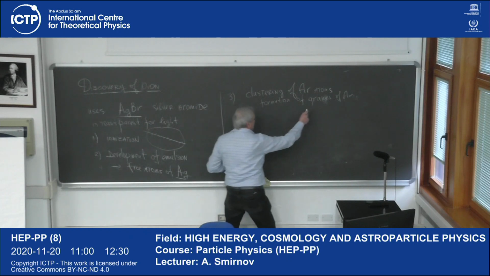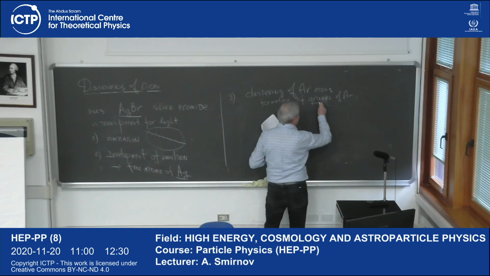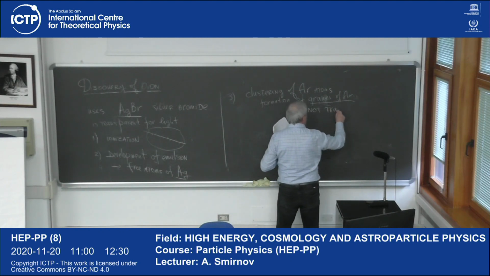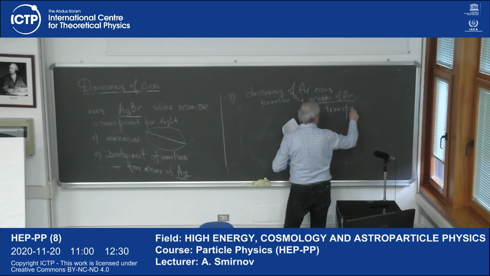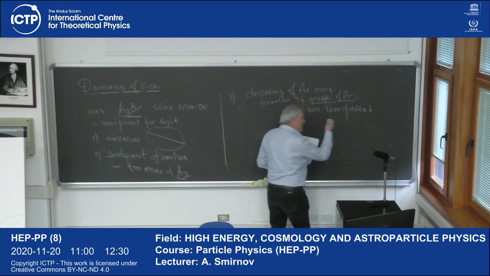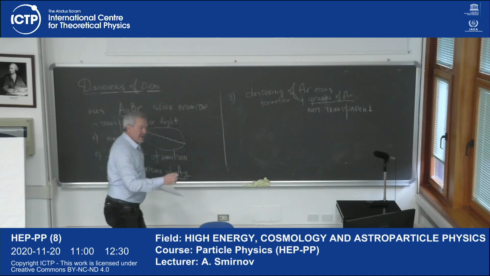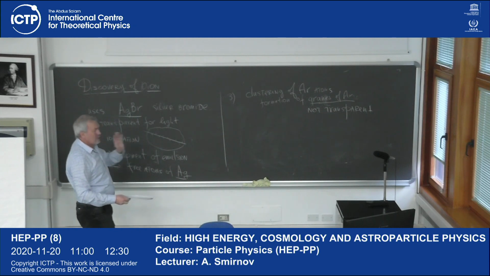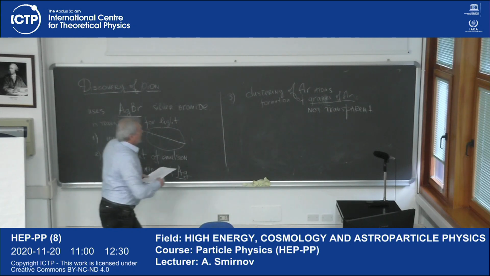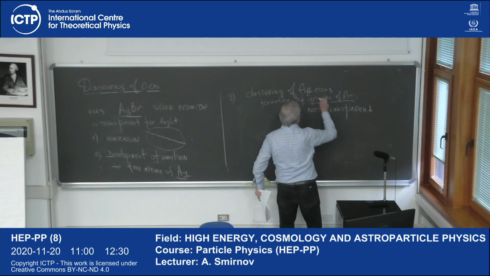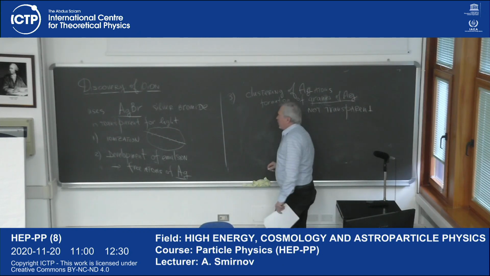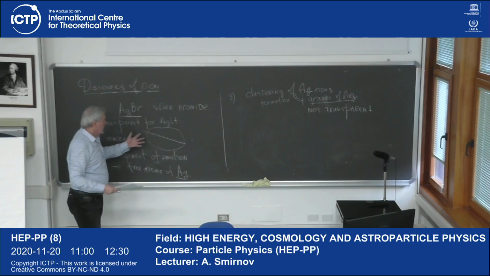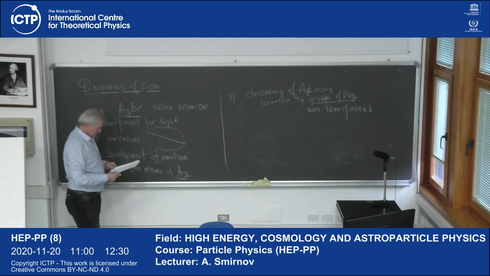These grains are not transparent to light, and therefore you can see them if they grow big enough. This is what we actually see: the grains of silver which are formed after ionization of these molecules.